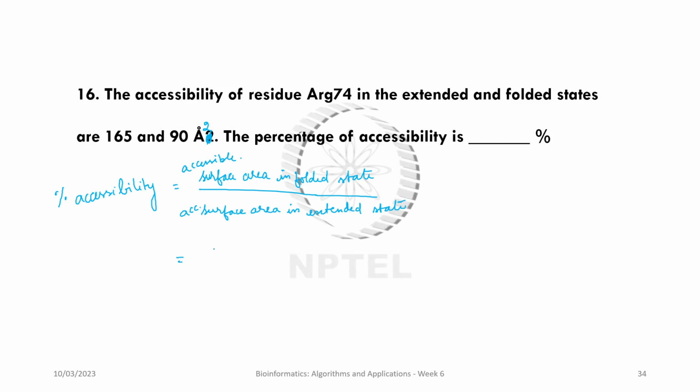So what is the ASA found in the folded state divided by what is the maximum possible ASA in an extended state? So extended and folded is 90 angstrom square divided by 165 angstrom square. Should be here ideally, but I'm not going to bother touching the eraser now. Okay, is equal to, or I could do one more thing.